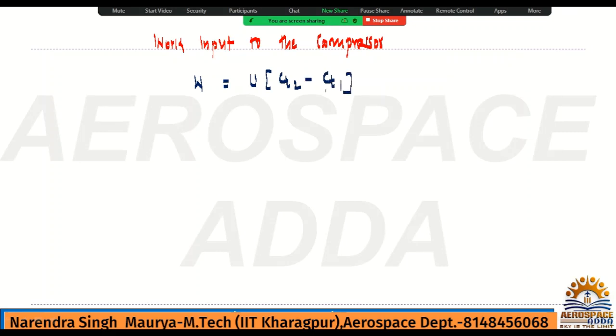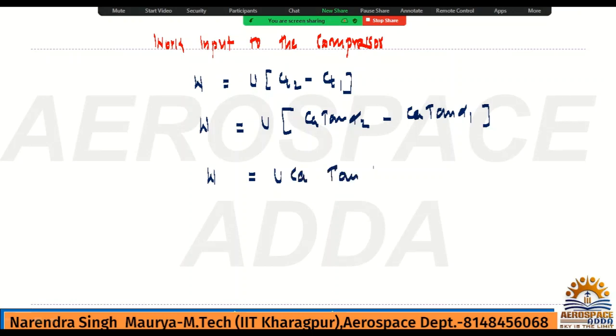This is the work input to the compressor. Now for this we need to write the equation, and this equation will be W U in bracket, what is the CT2? CT2 if you write in terms of alpha, it will be CA tan alpha 2. What is CT1? It is CA tan alpha 1. And this is nothing but W U CA into tan alpha 2 minus tan alpha 1.